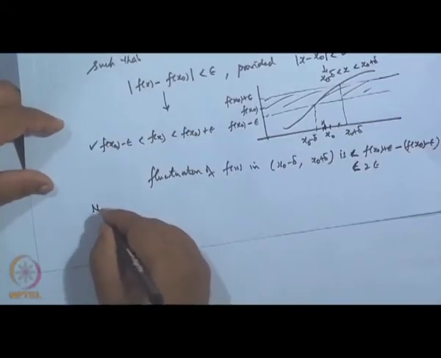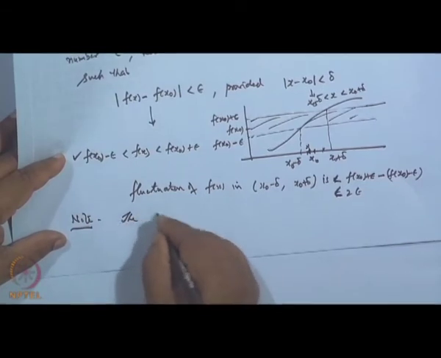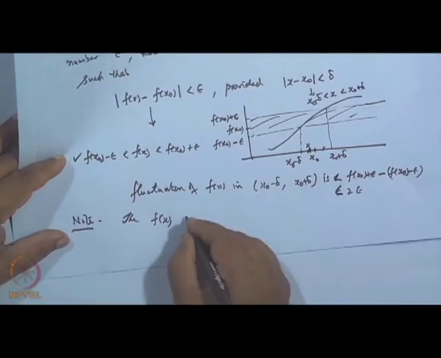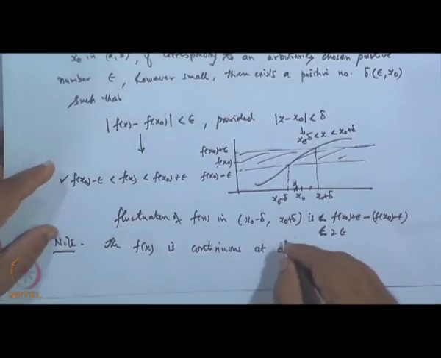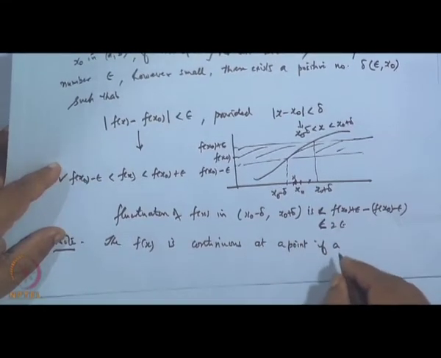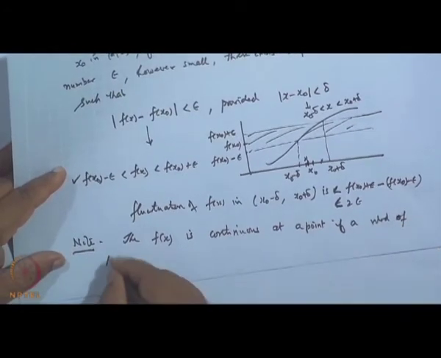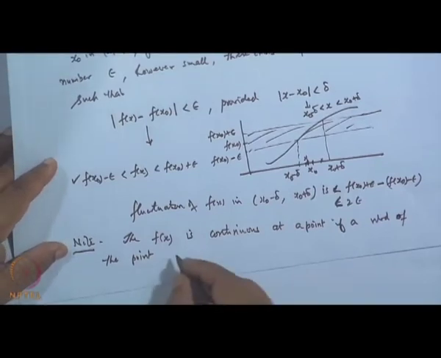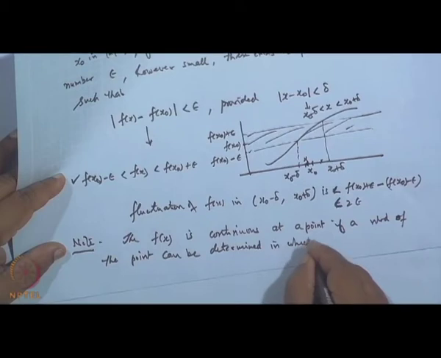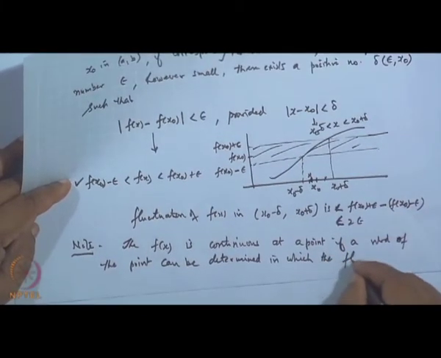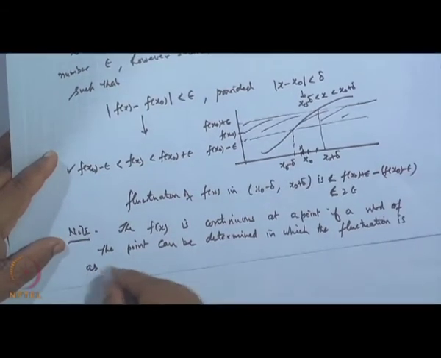So we can say, important note, the function f(x) is continuous at a point if a neighborhood of the point can be determined in which the fluctuation is as small as we please.